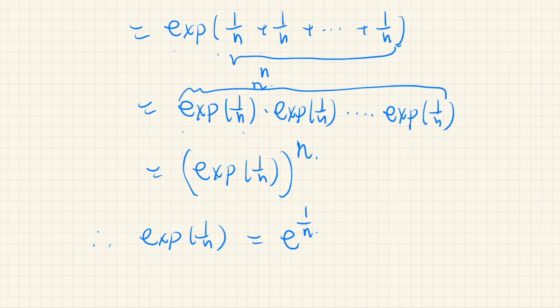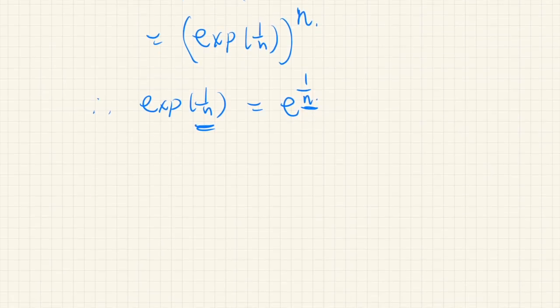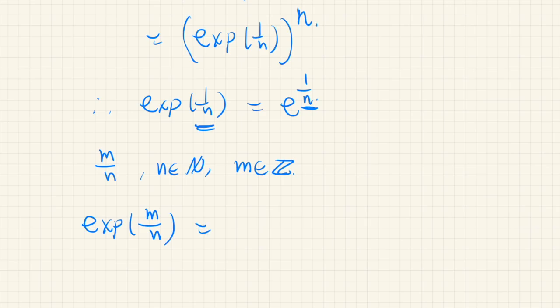So here we have 1 over n here, 1 over n, and 1 over n here. And next, consider any rational number, say m over n, where n is a natural number and m is an integer. Then exponential of m over n is exponential of 1 over n, everything to the power of m.